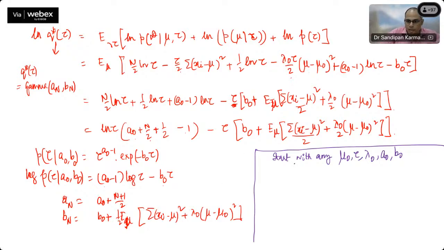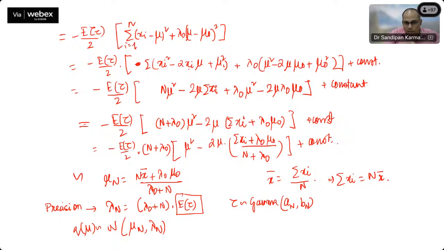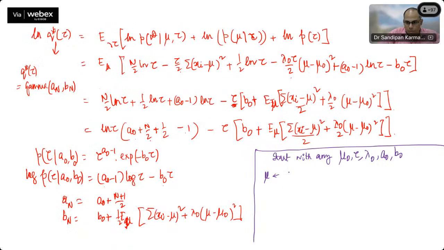Here mu will be replaced by n x bar plus lambda naught mu naught divided by lambda naught plus n.